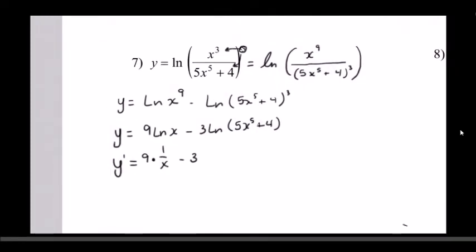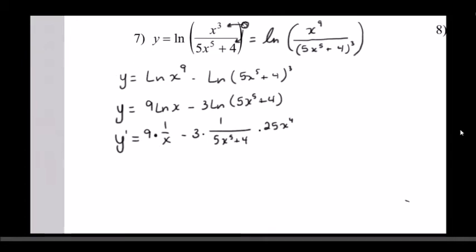So times 1 over u times u prime, that's going to be 25x to the fourth.